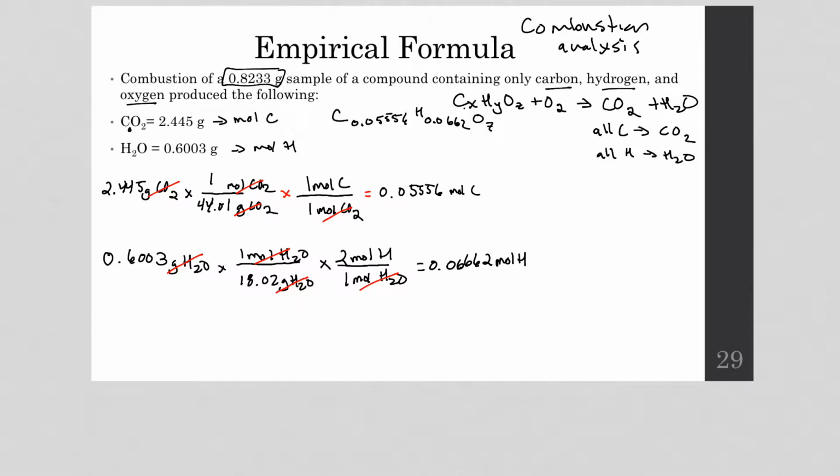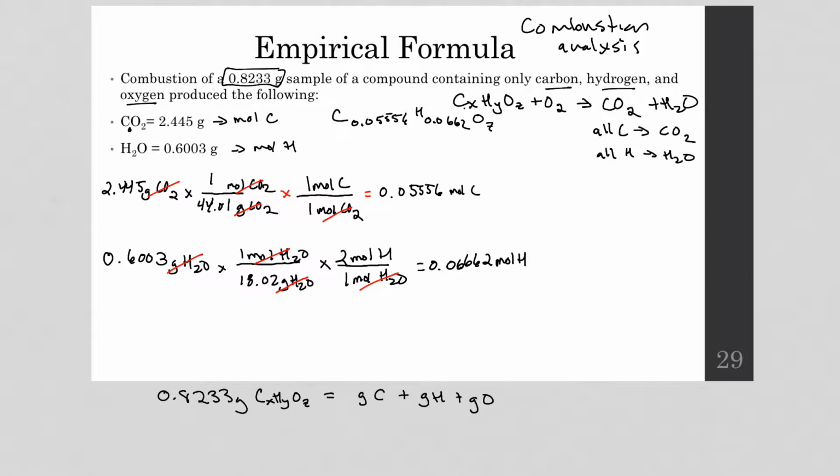So I know that this 0.8233 grams of my compound, of my CXHYOZ, is going to equal grams of carbon plus grams of hydrogen plus grams of oxygen.